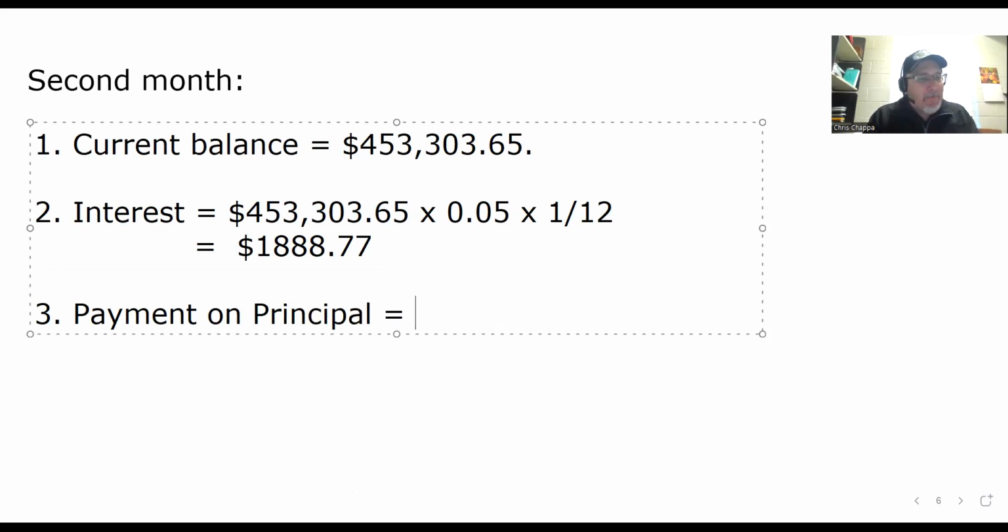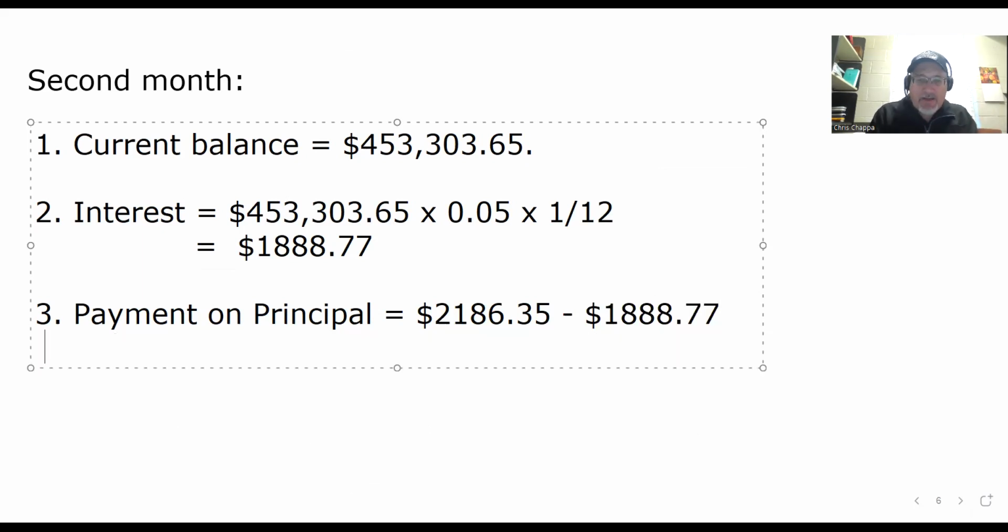Why? Because my payment is still the same, $2,186.35. But now the amount that I'm taking away for interest is a little bit less than it was before, $1,888.77. And what is that going to leave to pay off my balance?